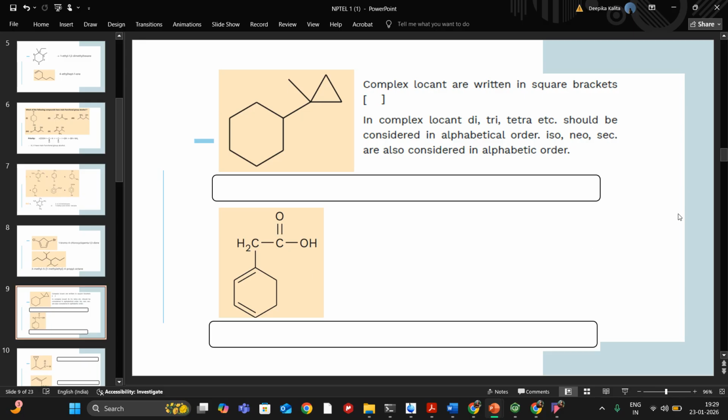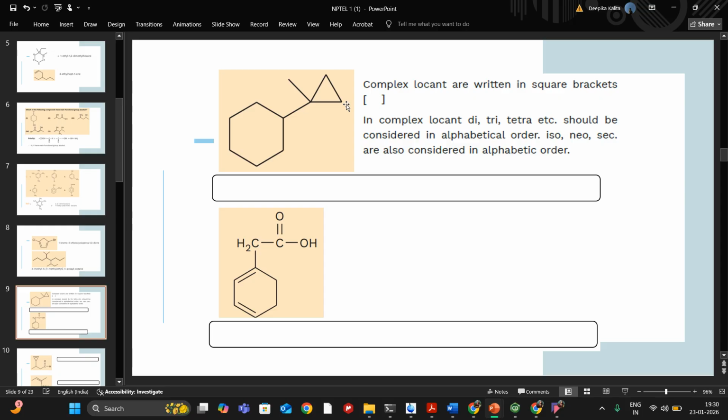Now we have another hydrocarbon with 2 rings. One is 6-membered and the other is 3-membered. So whenever we have such examples where we have more than one ring, we are going to choose the ring which has more carbons as the parent carbon chain, and the smaller ring will be chosen as a substituent.